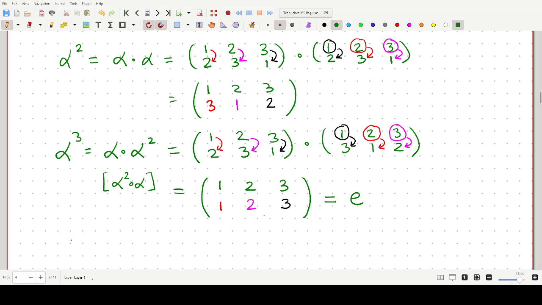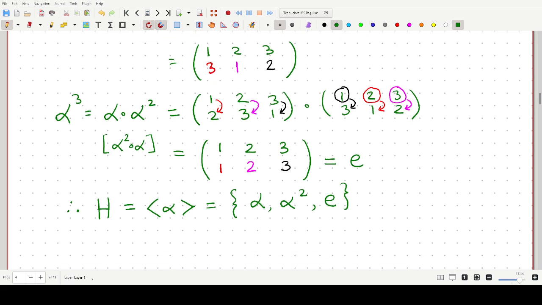Therefore, we can write our subgroup H, which is the same as the subgroup generated by alpha, as equal to alpha, alpha squared, and E. And we can possibly rewrite this in a bit more explicit way.